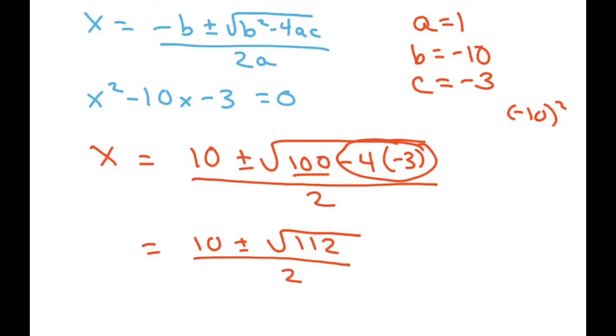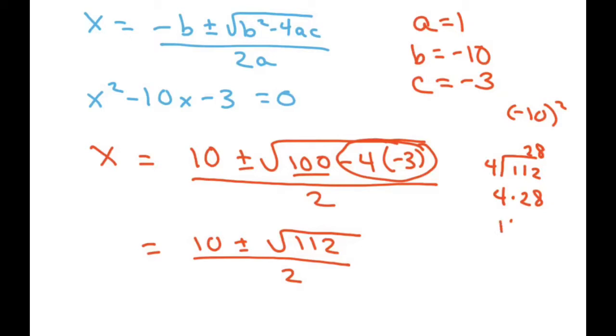Now, let's see, 4 goes into this how many times? So I think 16 goes into that. We're going to have 4 times 28, but then we can take out another one: 4 goes into 28 seven times.